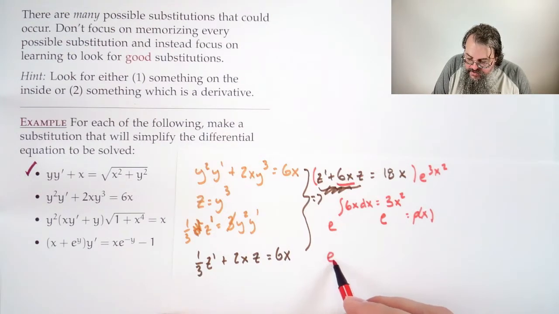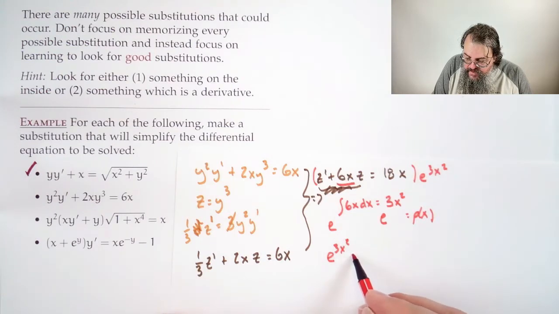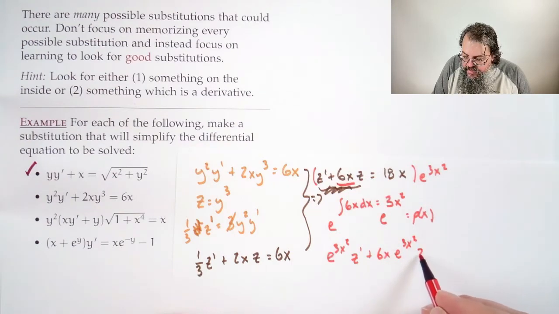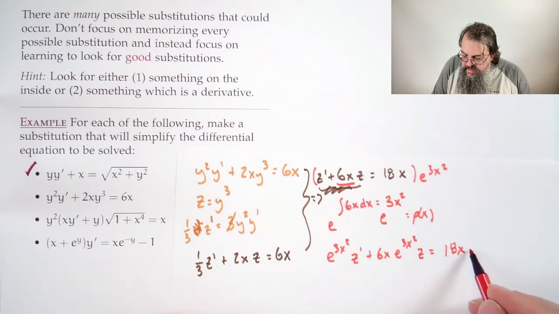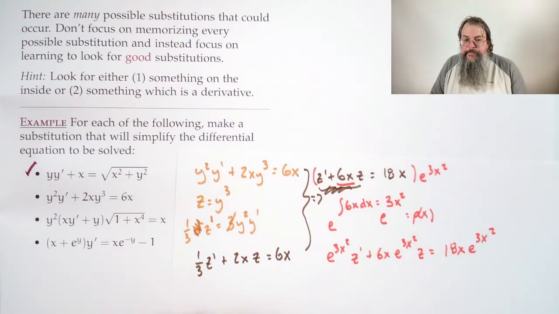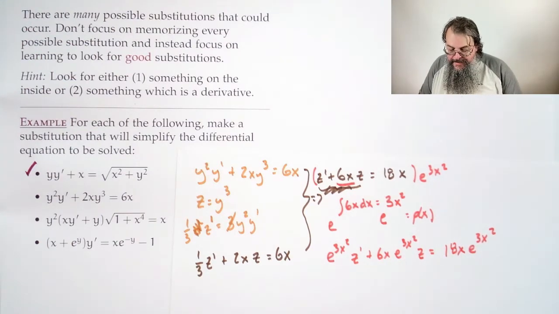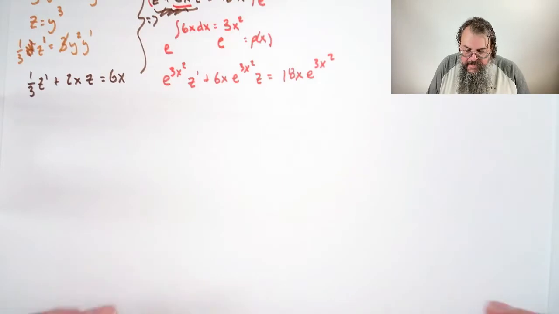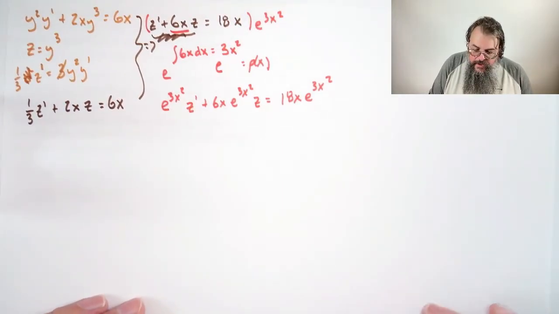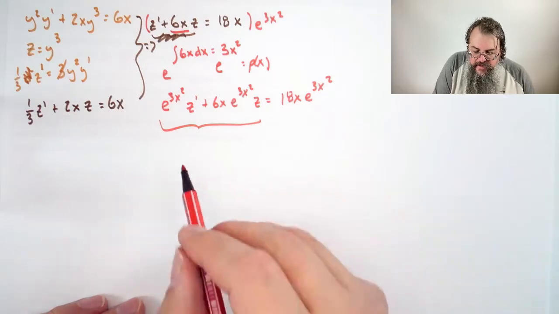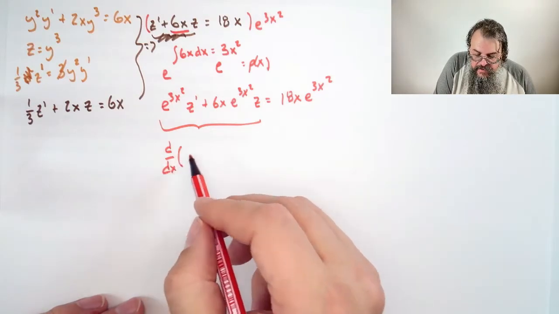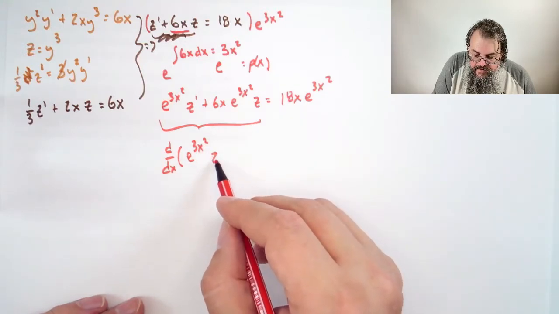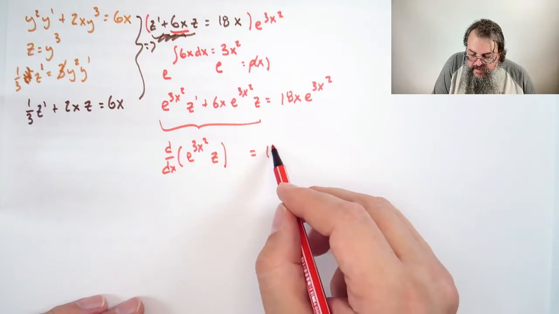So when you multiply this through, we get e to the 3x squared z prime plus 6x e to the 3x squared times z equals 18x e to the 3x squared. Now, let's give ourselves some space. Okay, so this left-hand side is a derivative because that's how these work. e to the 3x squared times z, and this right-hand side is what it is.